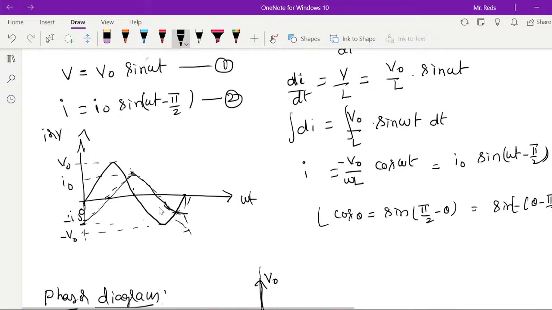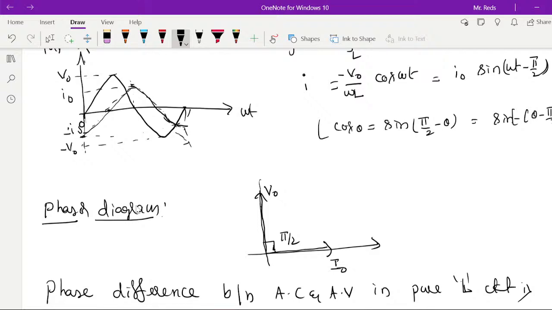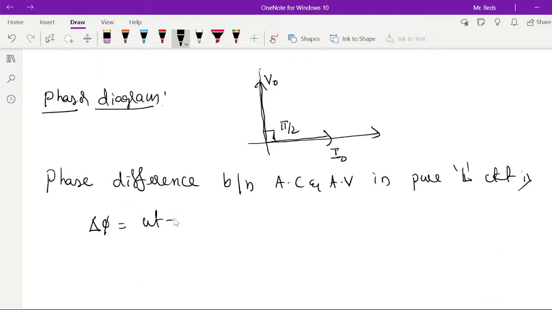You can take the pi by 2 value. If you take omega t minus, half minus of omega t minus pi by 2, you can take. Otherwise phi 1 minus phi 2 or phi 2 minus phi 1 you can take. If you want only the magnitude part, you can take omega t minus omega t minus pi by 2, then we'll get minus omega t plus pi by 2, so we'll get pi by 2, that is 90 degrees. That is the phase difference.